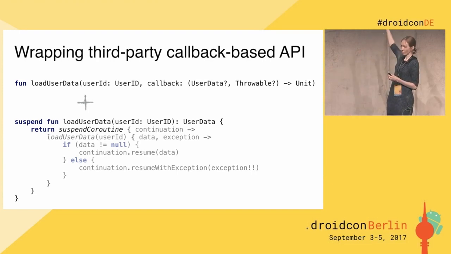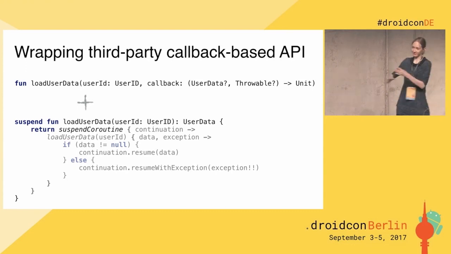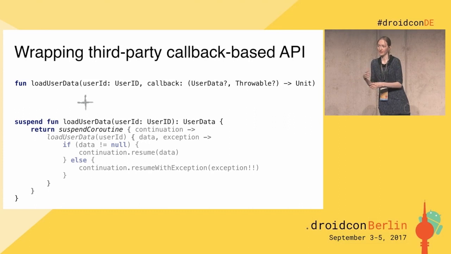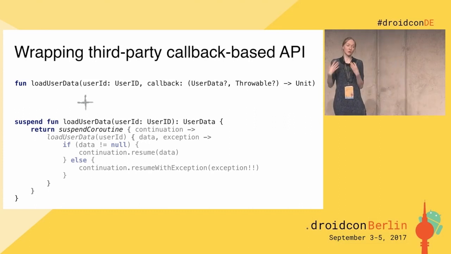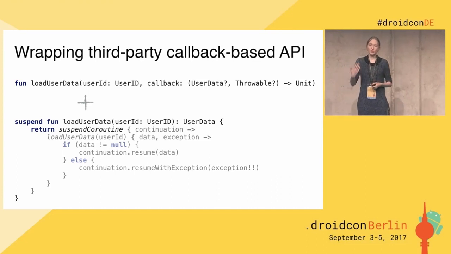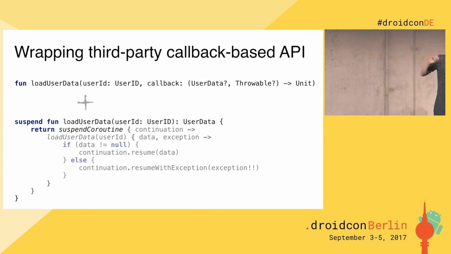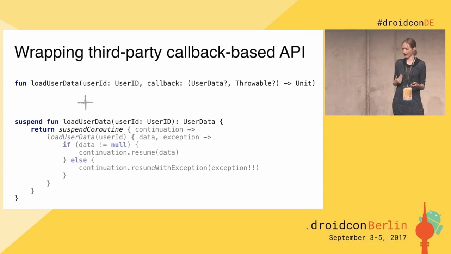I don't want to dive into details of how it's implemented. Again, you can just research it and think about it for a while. But the idea is that it's doable, it's just a pattern, a template that you can follow, and you can work with all these third-party APIs using suspend functions.